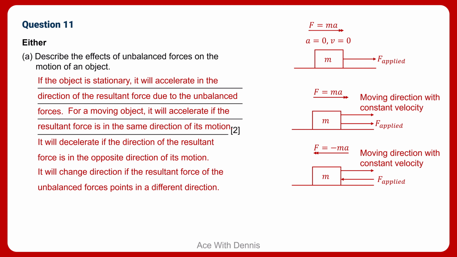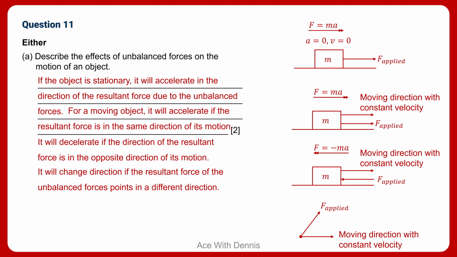Now, the fourth consideration you need to think about is it will change direction if the resultant force of the unbalanced force points in a different direction. What it means here is we can draw the parallelogram diagram. Let's say this is the moving object in this direction with constant velocity.